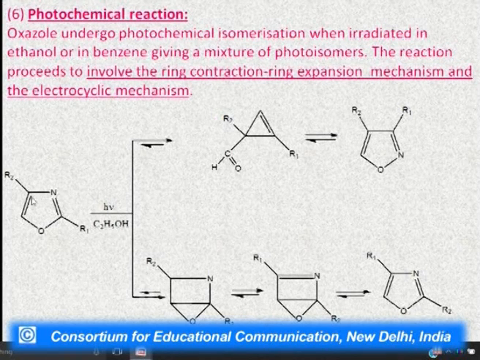Here you can see that this is the oxazole which on reaction with ethanol in the presence of sunlight undergoes photochemical isomerization, and we get 1,3-azole converting into 1,2-azole. And here you can see that we are getting this adduct on photochemical reaction.